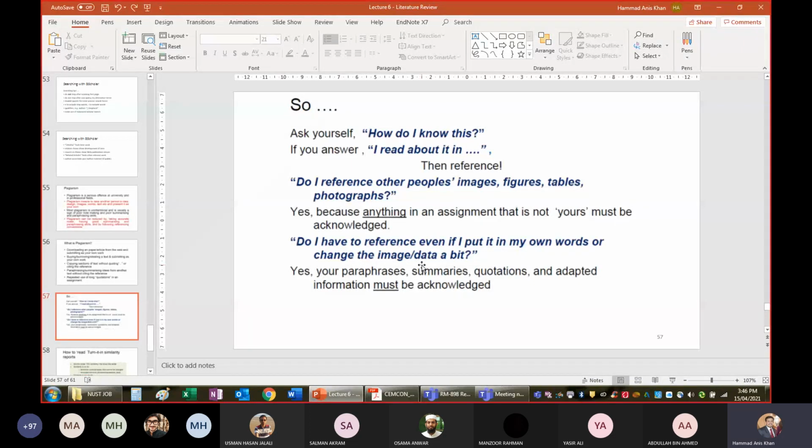Do I have to reference even if I put it in my own words or change the image or data a bit? Yes, your paragraphs, summaries, quotations, and adopted information must be acknowledged and cited. So this is very important. Whether you are taking images or summarizing someone else's work in your own words, you still have to give the reference.